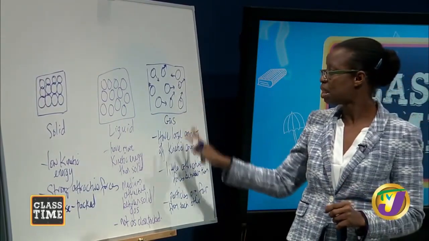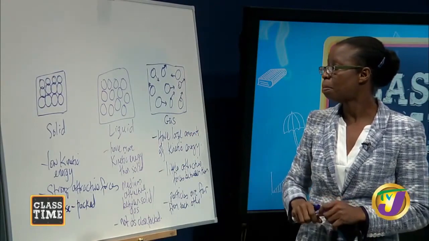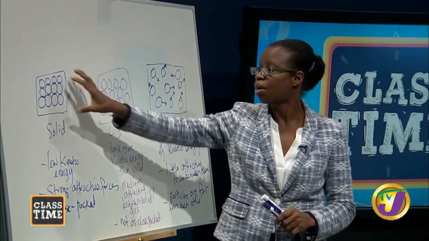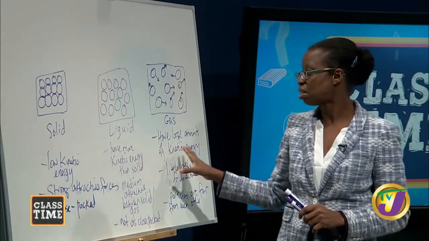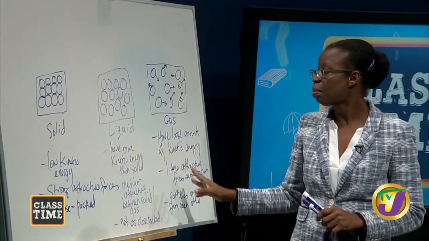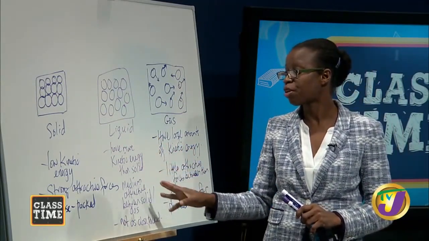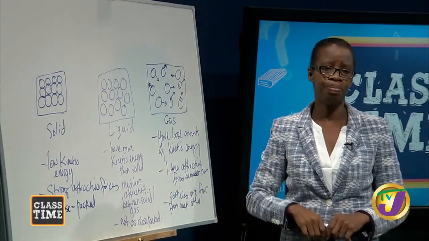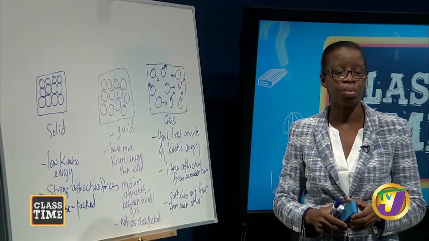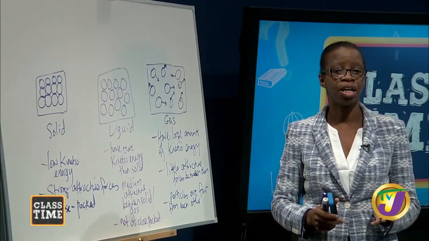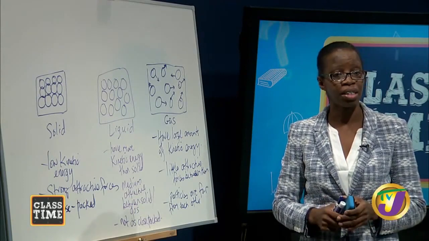And here we would see that solids, liquids, and gas differ based on, again, the arrangement of the particles, the energy of the particles, and the attractive forces between the particles. And these attractive forces will determine physical properties such as melting and boiling points. So for instance, if you think of water, the boiling point is about 100 degrees Celsius.